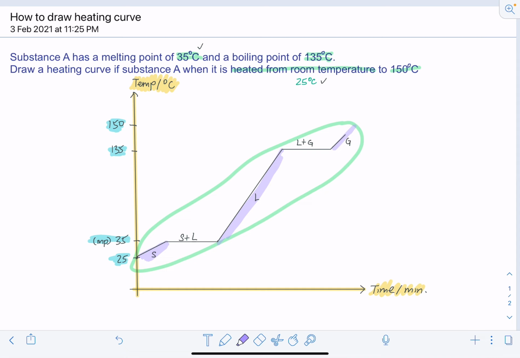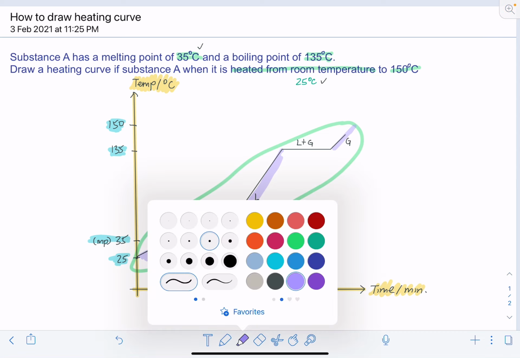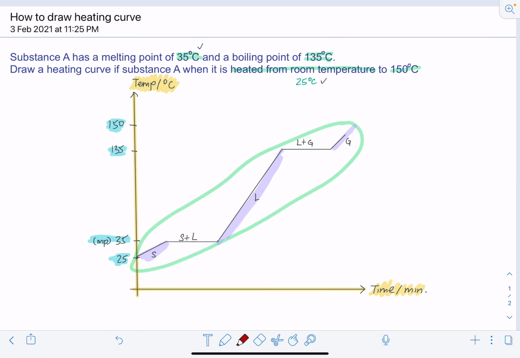However, do take note and be extremely cautious: the horizontal line of the graph tells you that the substance is experiencing both states at the same time, or it's trying to change state.